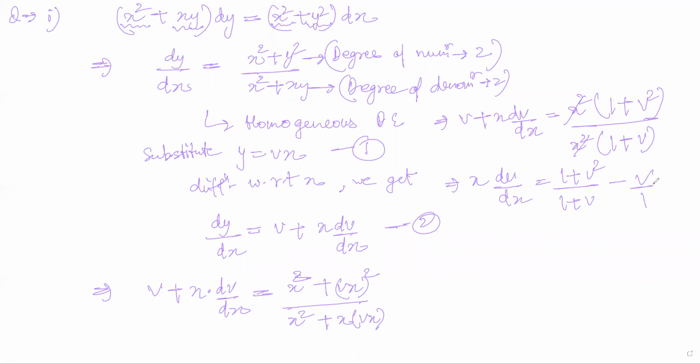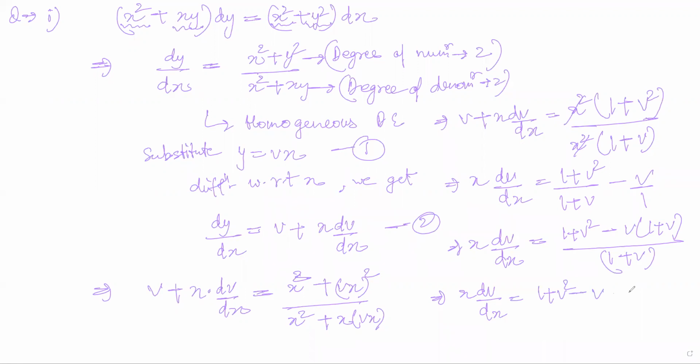So this v can be written as v by 1. Now we have to apply basic difference of fractions. This becomes 1 plus v square minus v into 1 plus v, divided by 1 plus v into 1, which is 1 plus v only. Right? So this is x into dv by dx is equals to 1 plus v square minus v square, right? Divided by 1 plus v.